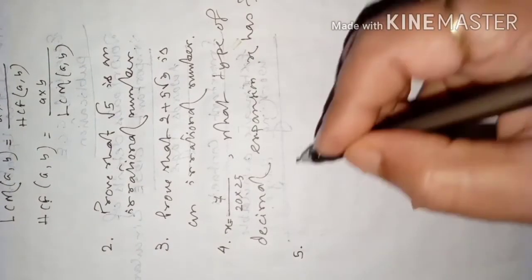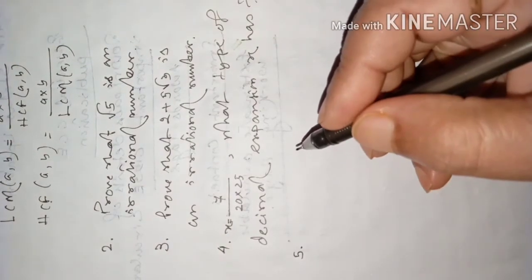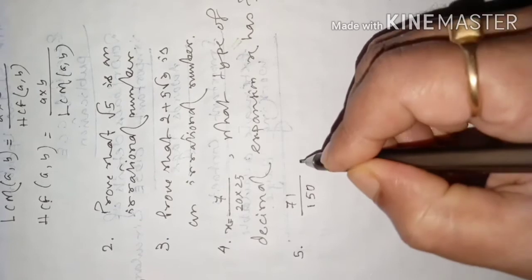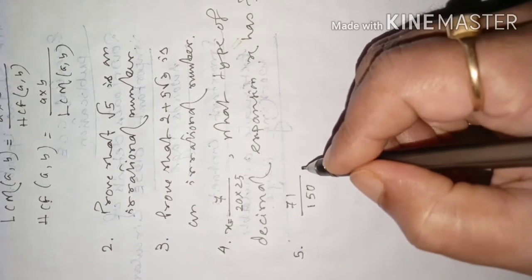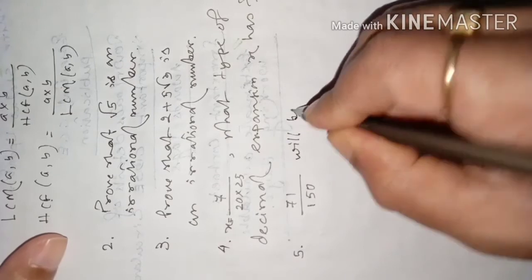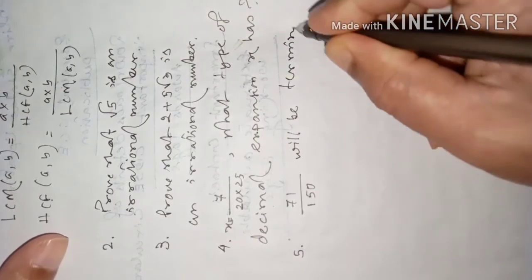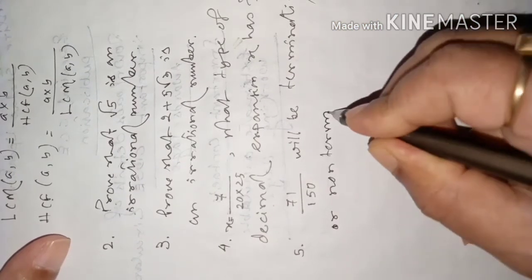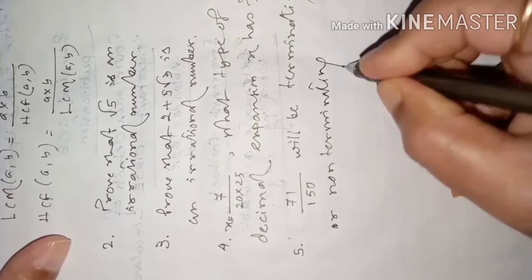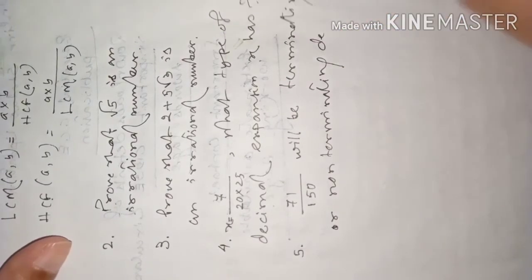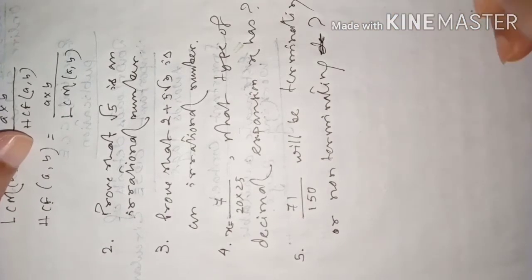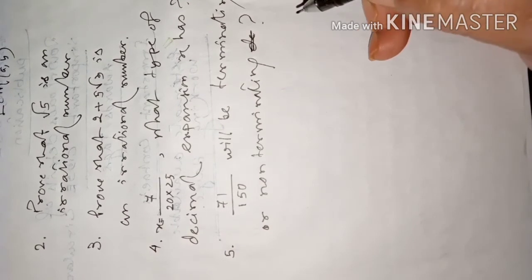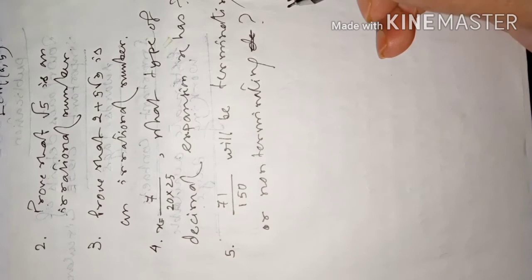Another question, suppose you are asked: 71 by 150 will give a terminating or non-terminating decimal. Means this will give us a terminating decimal or a non-terminating decimal. These types of questions you should go through.